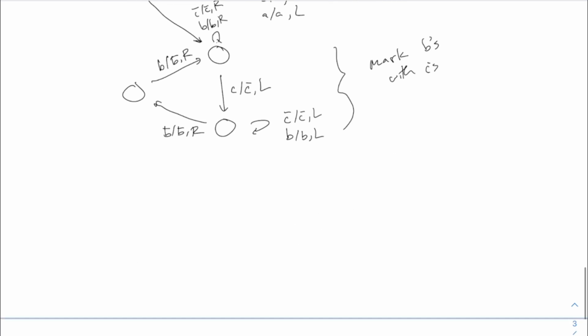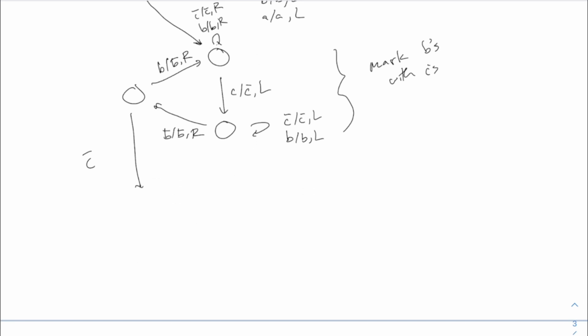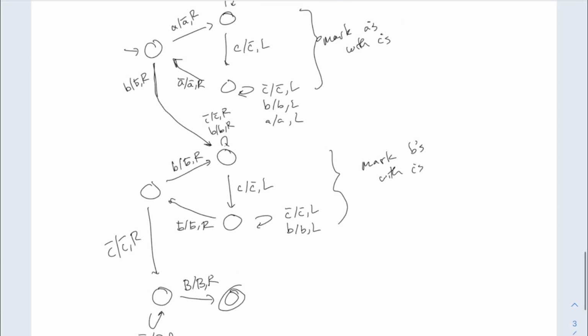So I say C bar R, and then as usual, we have to check that all that's left over are C bars until we get to the end, and then finally accept. That's how we do it. It's a little complicated, two separate loops.